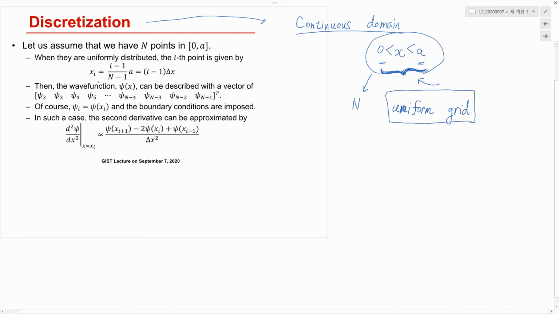Now we understand this expression. We have the naming convention x1 to xn, with i minus 1 introduced in that way. For example, x1 is equal to 0 over n minus 1 times a, and the final one is n minus 1 divided by n minus 1 times a.